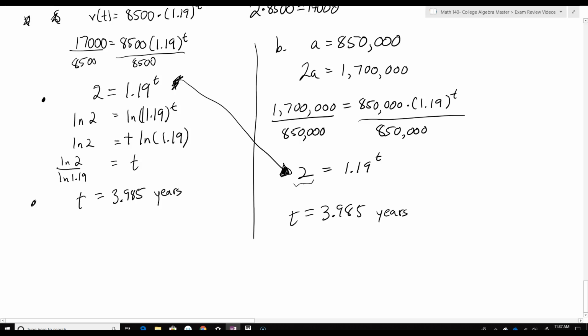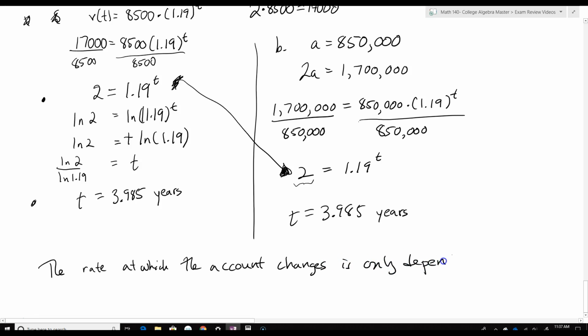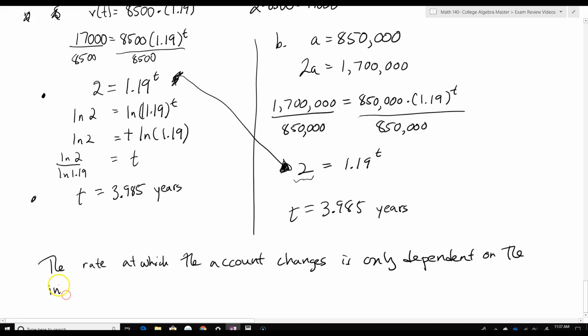So what that tells me is the rate at which the account changes, doubles, whatever, is only dependent on the interest rate or the rate of decrease.